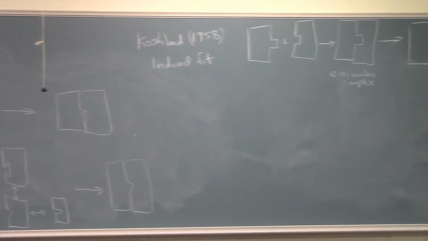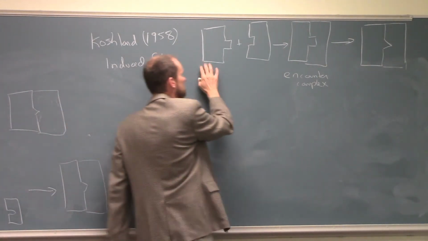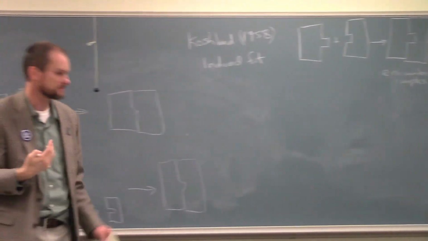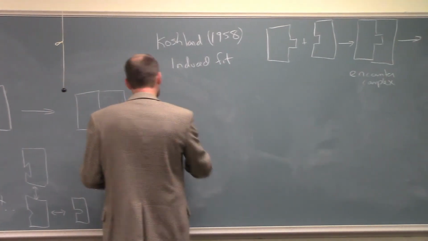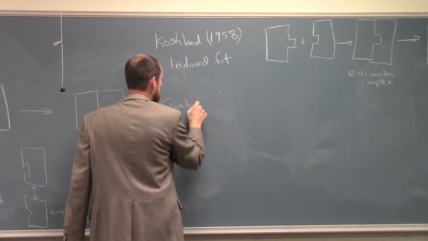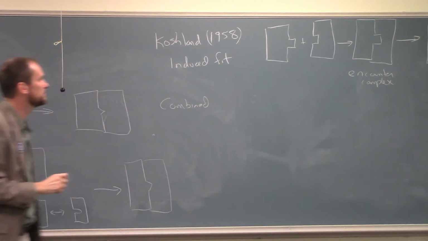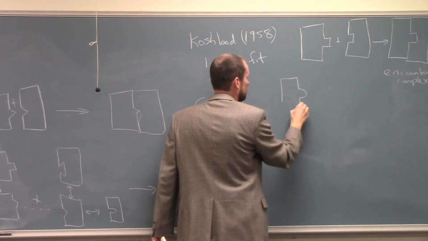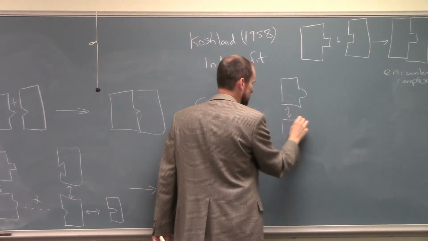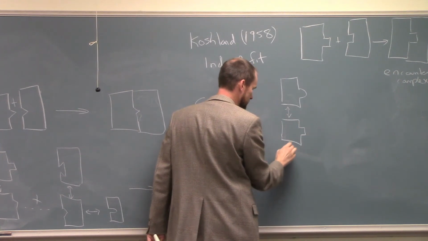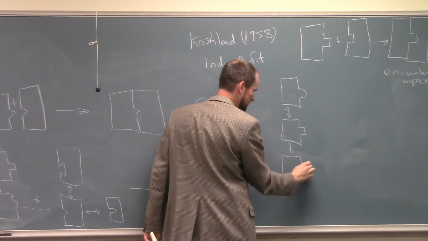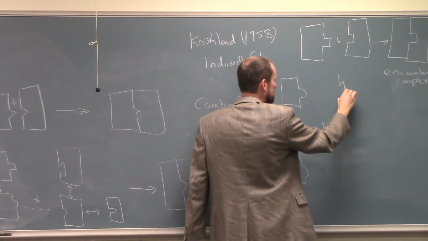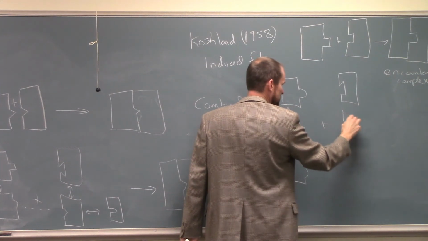So this would be consistent with crystal structures where we have unbound crystal structures and bound crystal structures, and the backbones are different. Maybe a little bit, maybe a lot. And the last model is a combined model. It's been done by a few people, which would say you would start with an ensemble of different configurations. And the second protein would have an ensemble of different configurations.